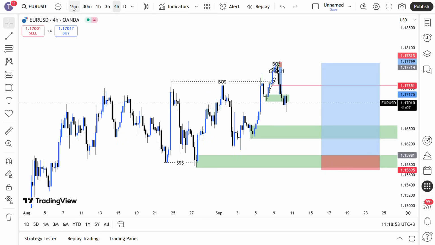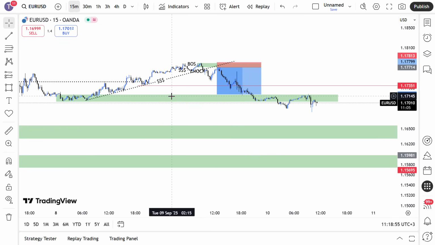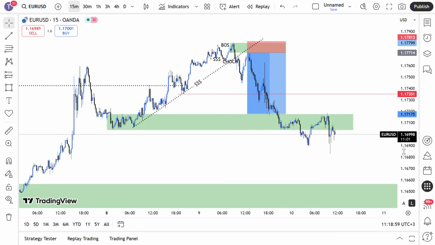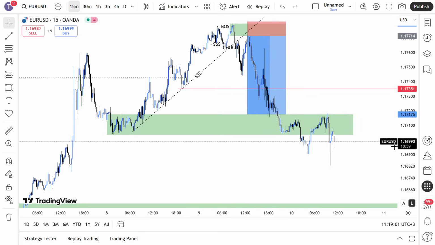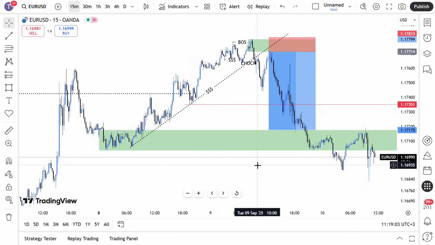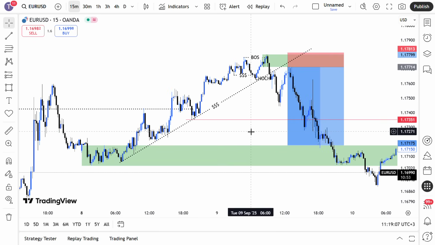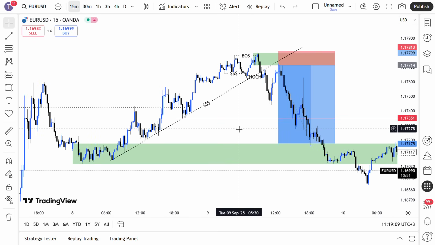I think you can learn something from this setup, and it is very simple. If you stick to the rule, if you stick to the concept, you will be very profitable. So the concept is all about looking for liquidity, and then you will be targeting the external liquidities. So in this case, we were targeting these liquidities to be taken out.